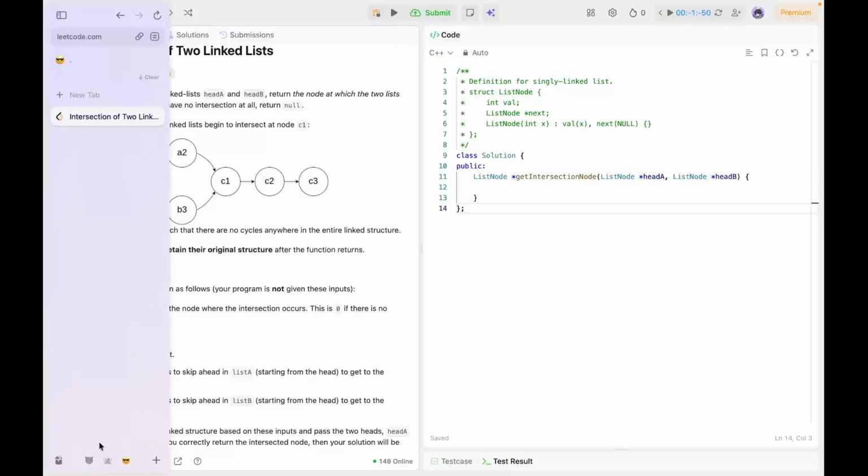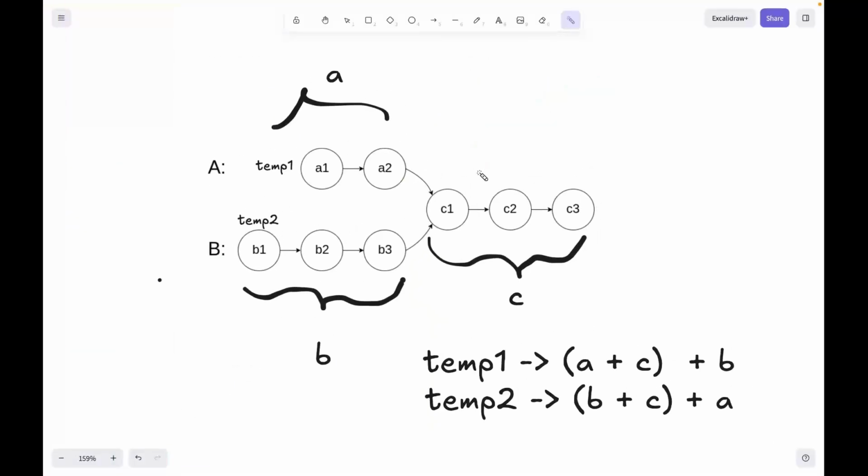Let me explain it in detail. You are given the two linked lists: one is this one, and the other is A1 to C3. I will move temp 1 one by one in its linked list, and at the same time move temp 2 one by one along its path.